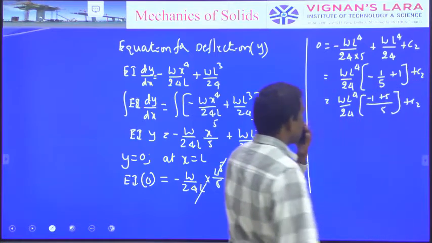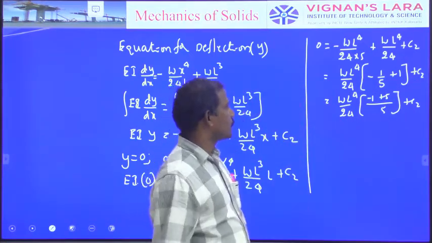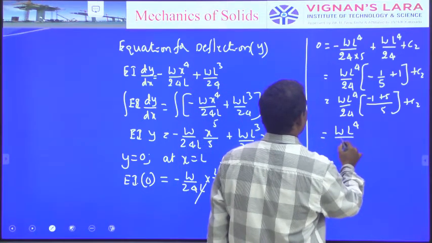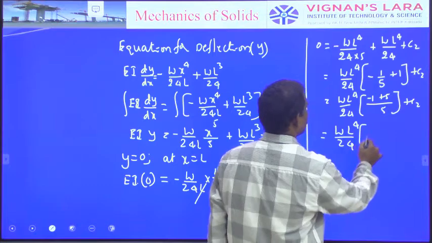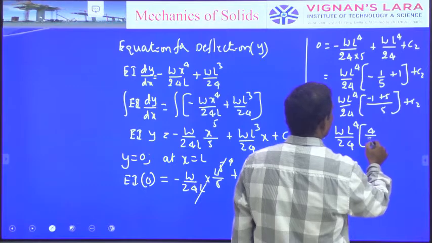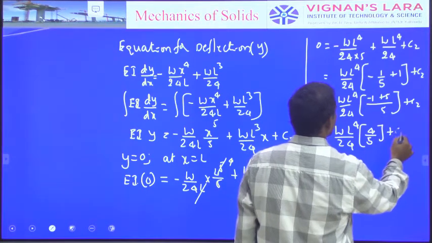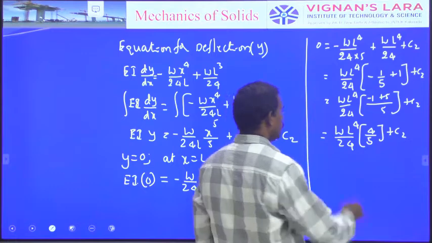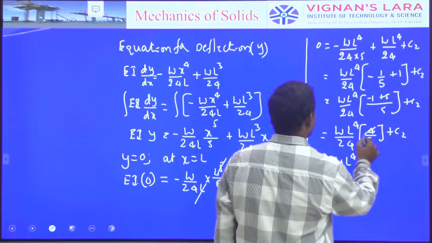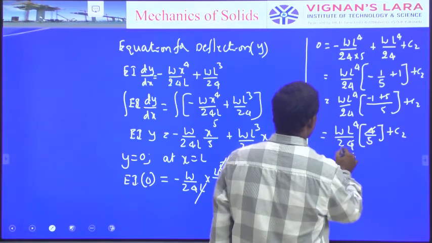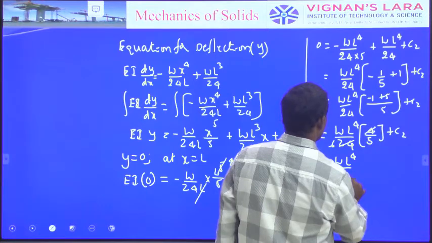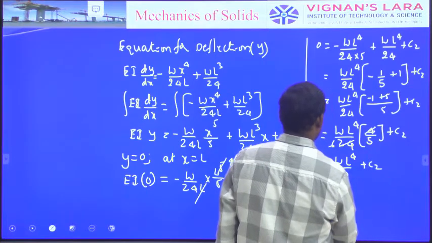So this is the simple way to calculate that. That is equal to WL power 4 by 24 into 4 by 5, plus C2. So that is equal to WL power 4 by 30 plus C2.